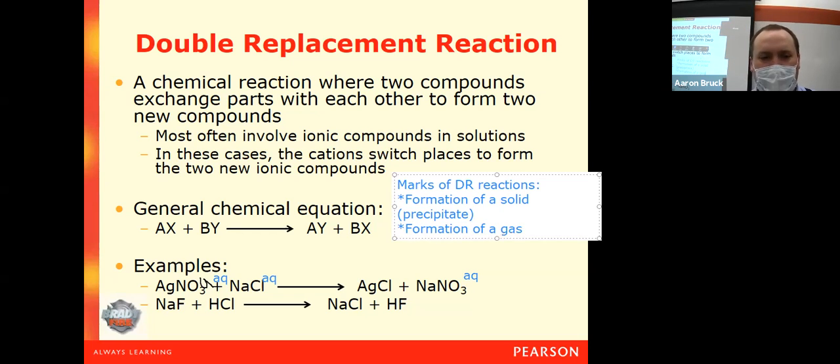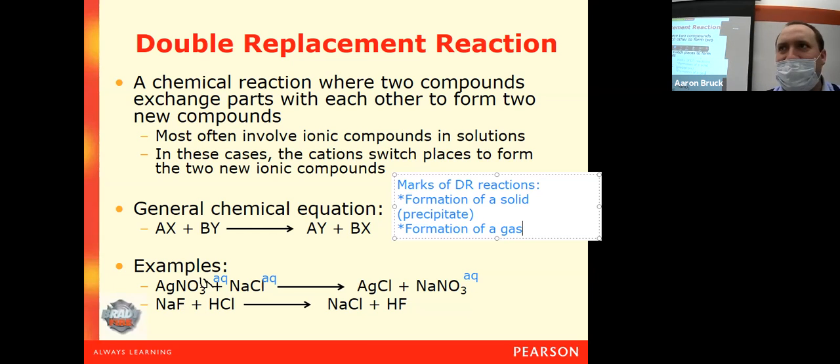The second is the formation of a gas. Have you ever done the volcano experiment when you were in elementary school or middle school, or any other baking soda and vinegar derivative? That is an aqueous reaction, that is double replacement.